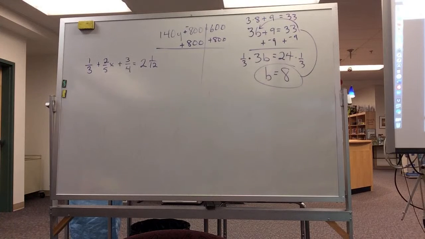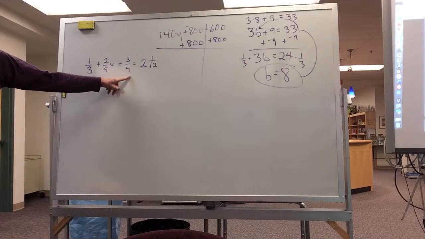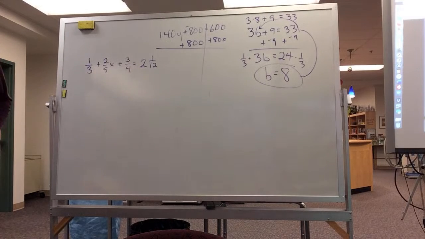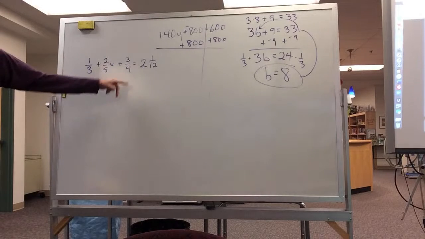You have to get all of your fractions put together with the same denominator so you can add them. You can do quarter first, and then you just multiply whatever you get by its reciprocal. Because when you multiply, you don't have to have the same denominator. So really, 12, okay.